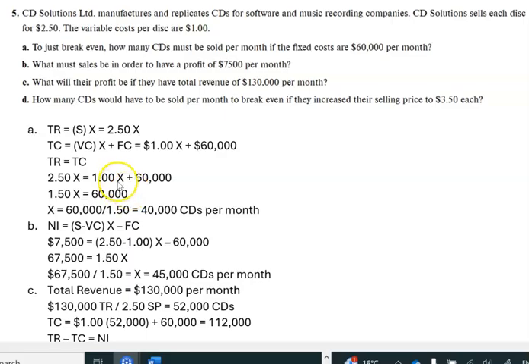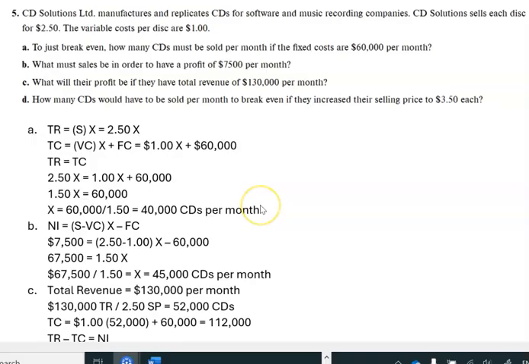Okay, so we're going to get rid of the 1x on this side, so therefore we have to subtract an x from each side. That leaves us 1.50x equals 60,000. X equals 60,000 divided by 1.50 gives us 40,000 discs per month.